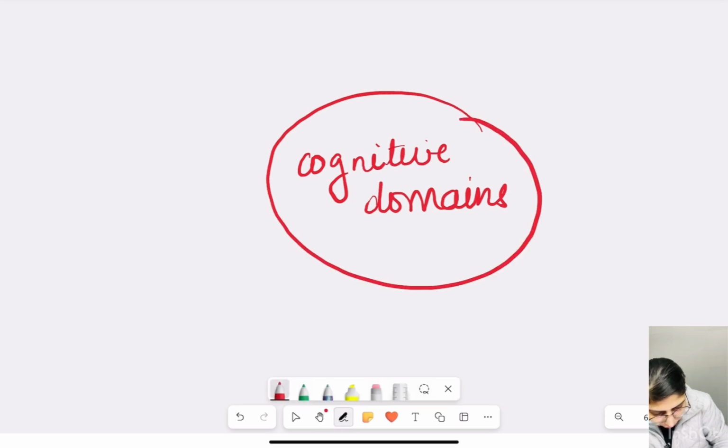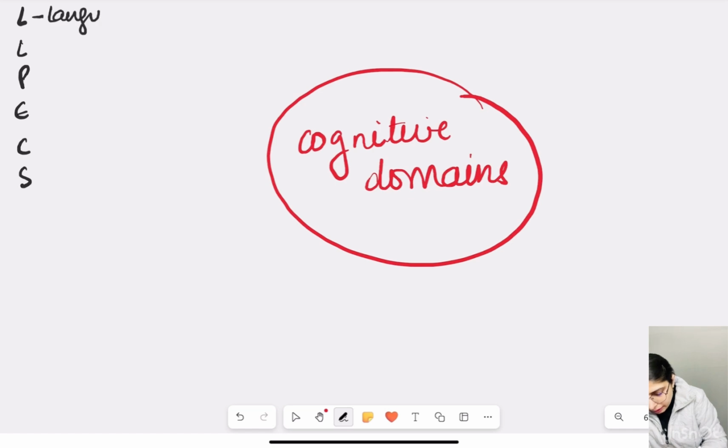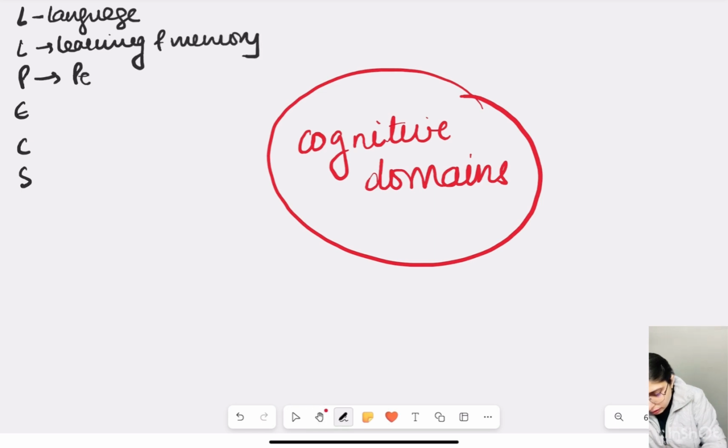Cognitive domains, right? Dementia is not only memory, there are 6 cognitive domains. The mnemonic to remember is LLPEX. L is language. The second L is learning and memory.